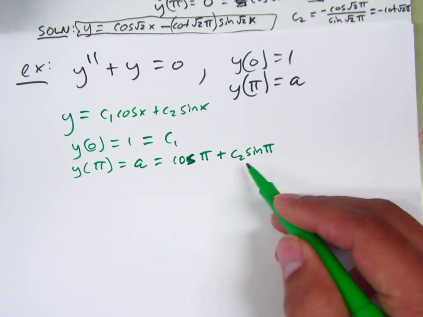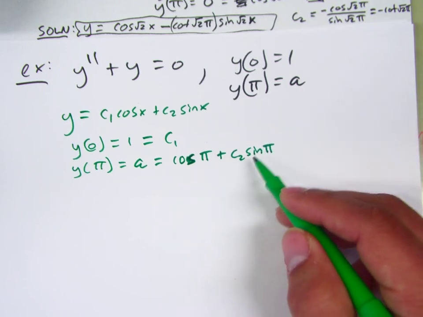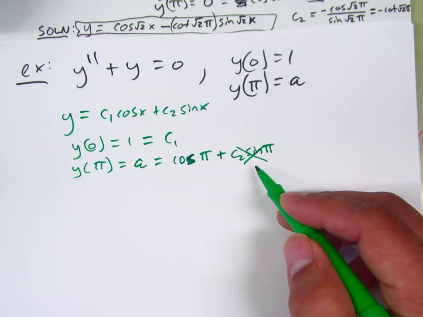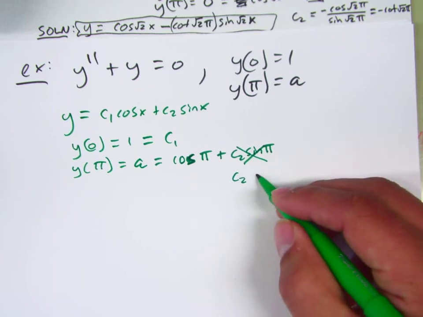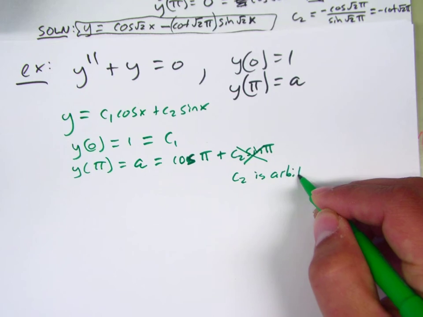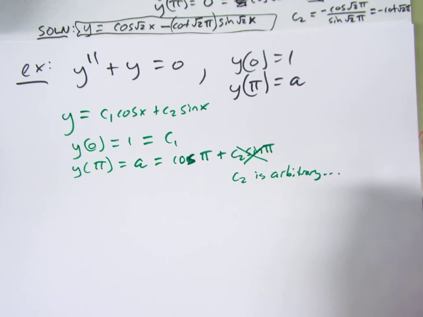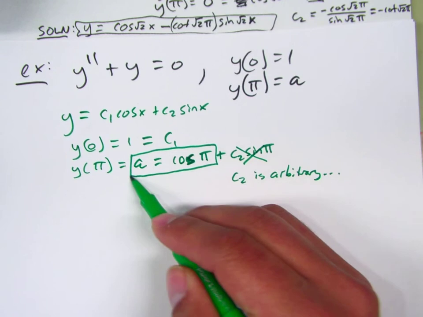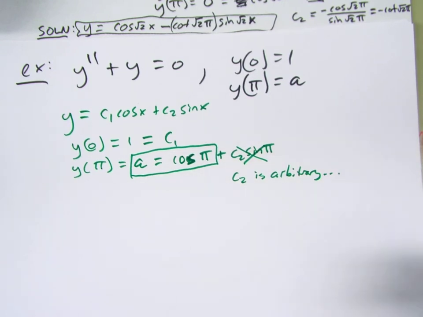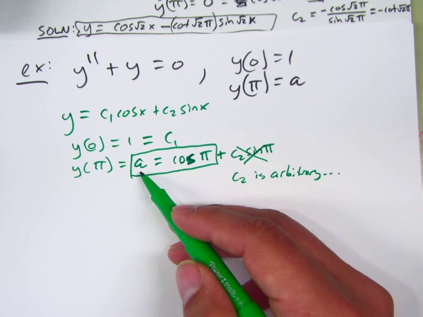Well, what happens over here? 0. So this is going to be 0, which means that C2 can be arbitrary, but right here, this needs to be true in order for this to actually work out. Does that make sense? So I can't have a be anything.